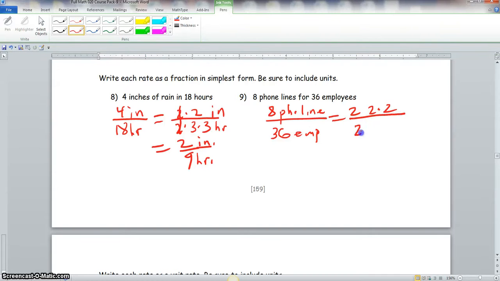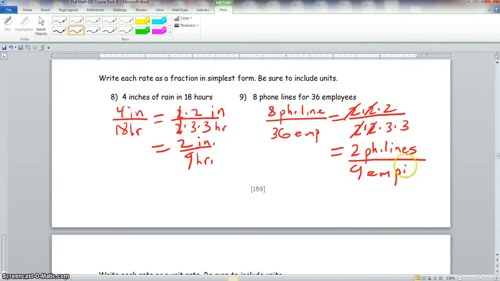And 36 we know is 2 2's and 2 3's. Now we simplify out what they have in common, which is 2 sets of 2's. And we'll be left with 2 phone lines all over 9 employees. So it's basically 2 phone lines for every 9 employees.